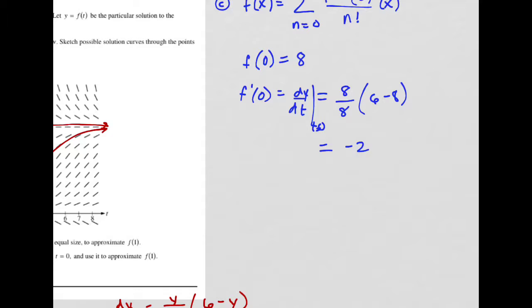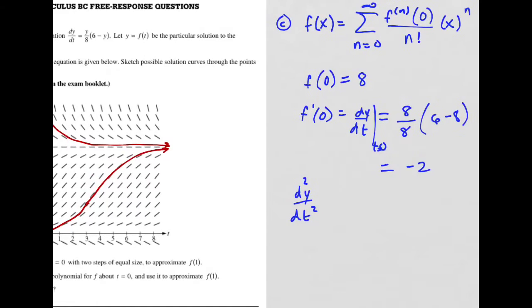And now I need my second derivative, d squared y over dt squared. There. So I need this part. And I can do that by taking the derivative here. So that's what I'm going to do. And I'm using the product rule and probably chain rule or implicit differentiation because I'm taking the derivative with respect to t and I'm taking it of y.